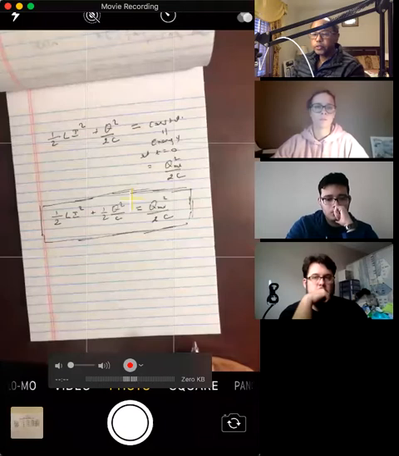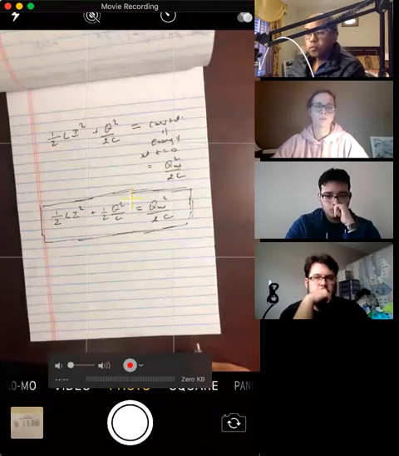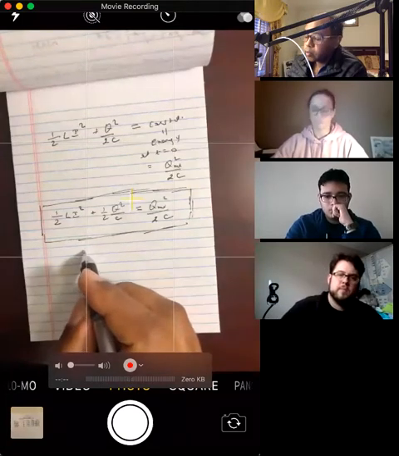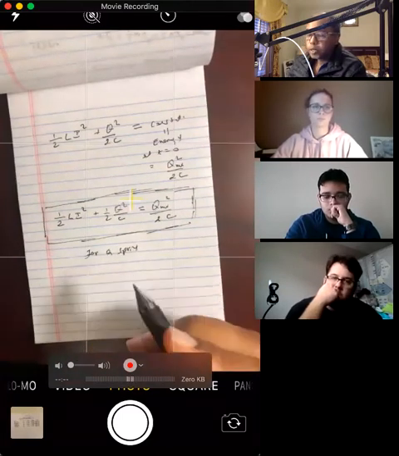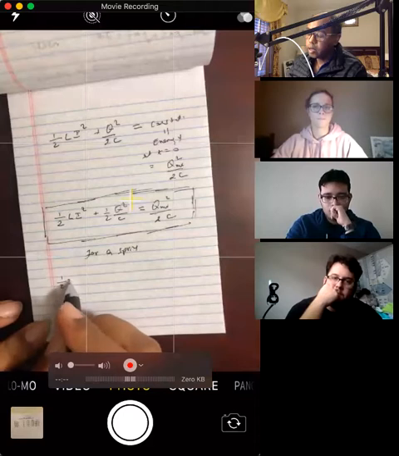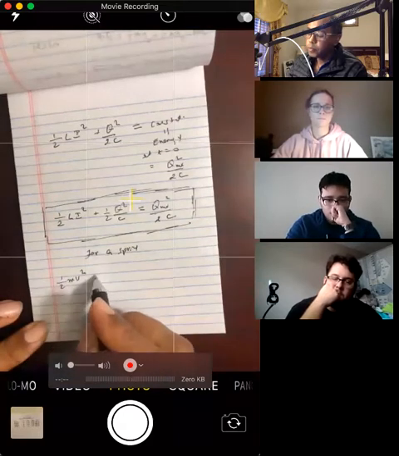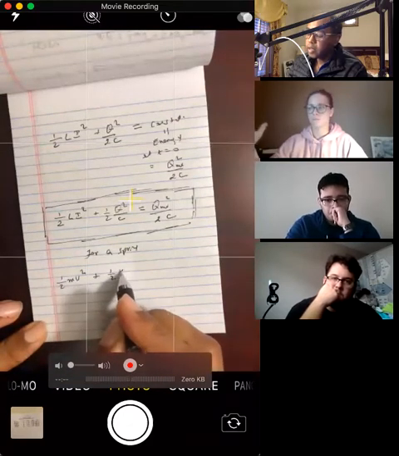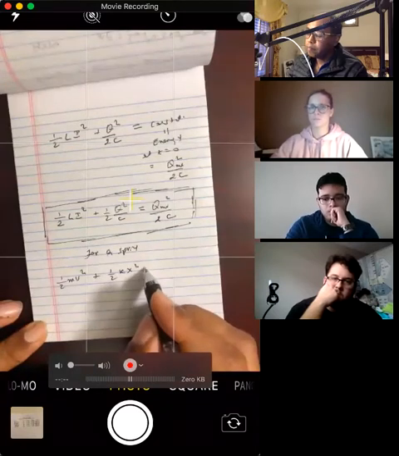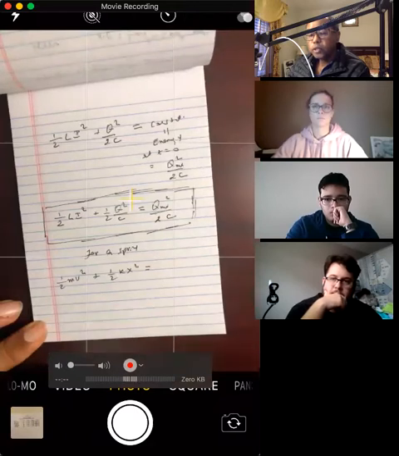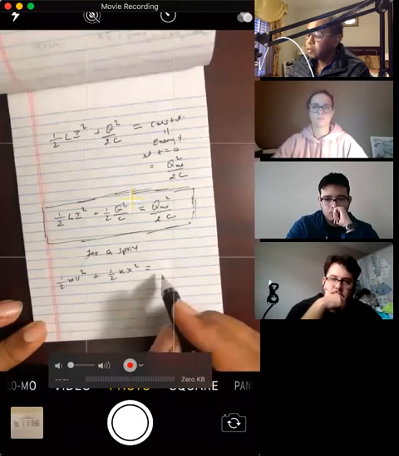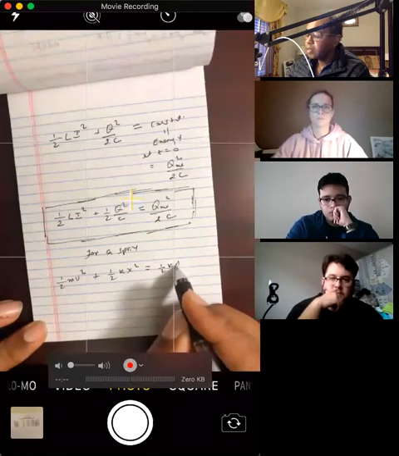Now compare this with a spring. For a spring, the kinetic energy is half m v squared. The potential energy is half k x squared. And the initial energy when the spring is extended by amplitude A is half k A squared.